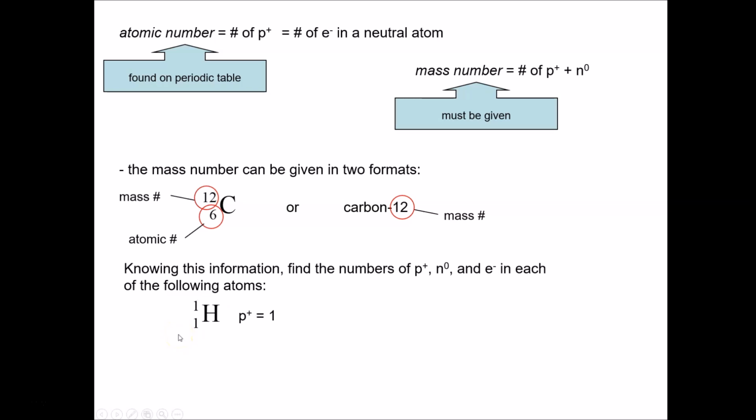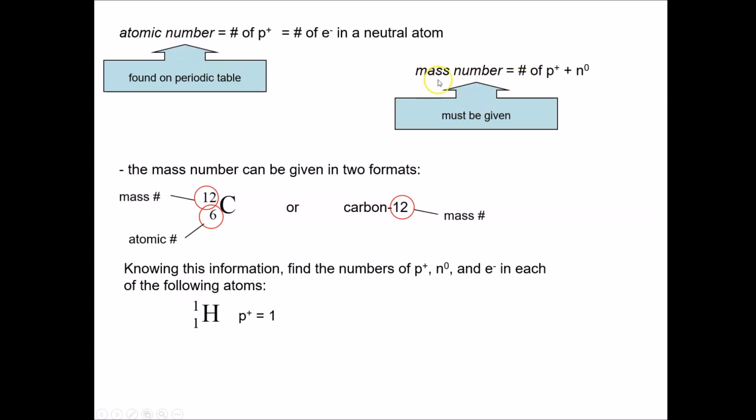How many neutrons there are? Well, neither one of these numbers, neither the atomic number nor the mass number, actually stands just for neutrons on its own. Remember, atomic number has nothing to do with neutrons, and the mass number is protons plus neutrons. So if I want the neutrons by themselves, and I don't want to know anything about the protons, I'm going to have to subtract the protons out of this number.